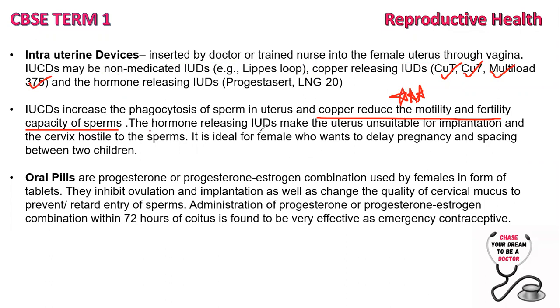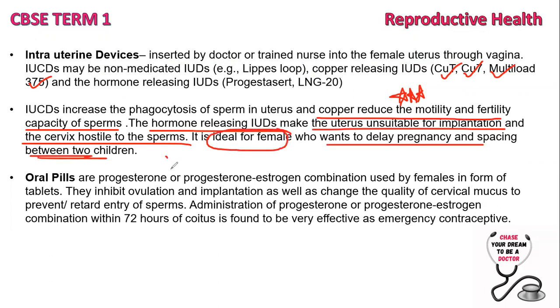The hormone releasing IUDs make the uterus unsuitable for implantation and the cervix hostile to the sperm. It is an ideal method for females who want to delay pregnancy and space between children. Very important, guys. One question from this chapter will definitely come from this area of intrauterine devices.